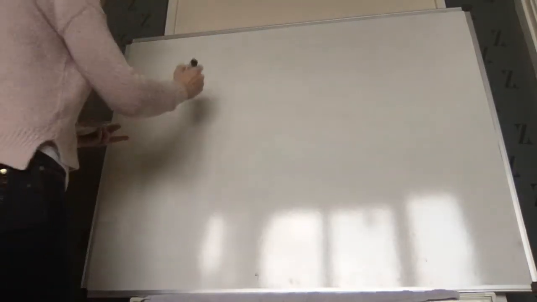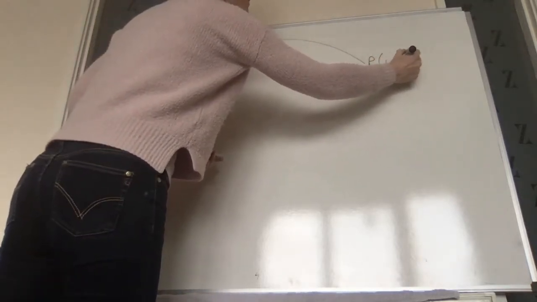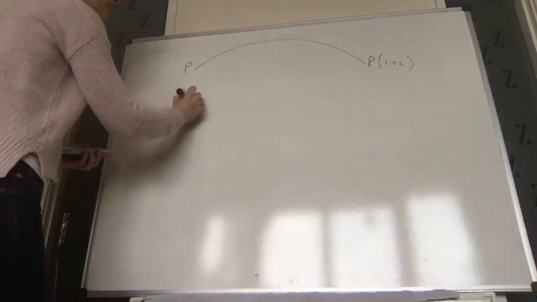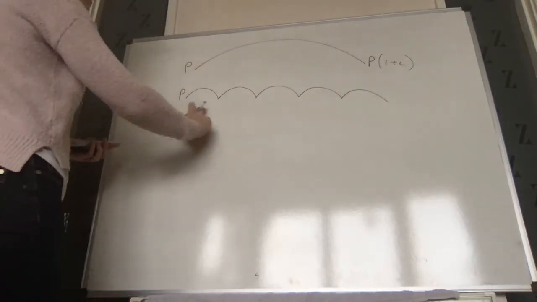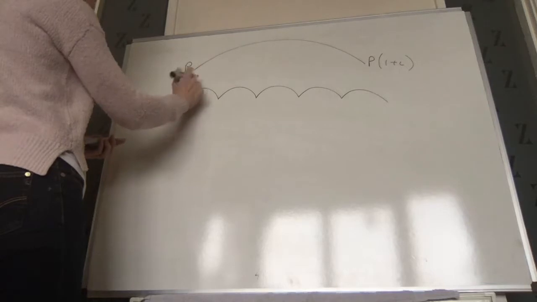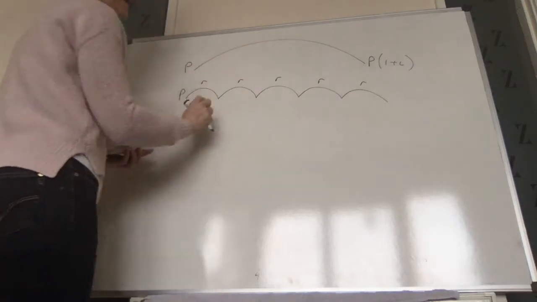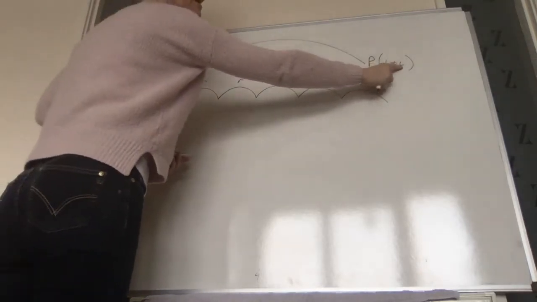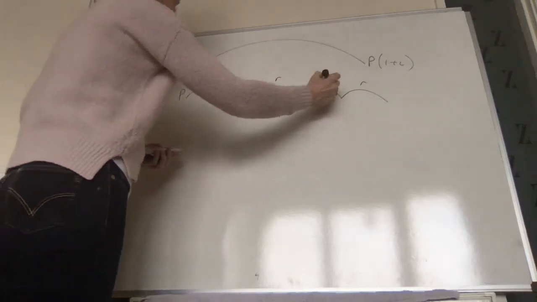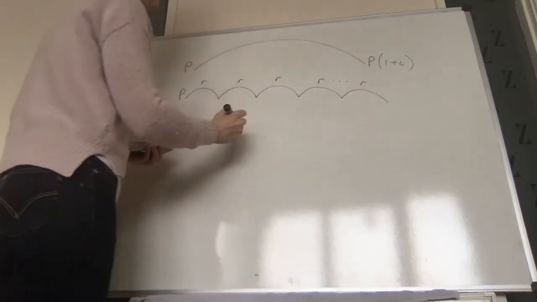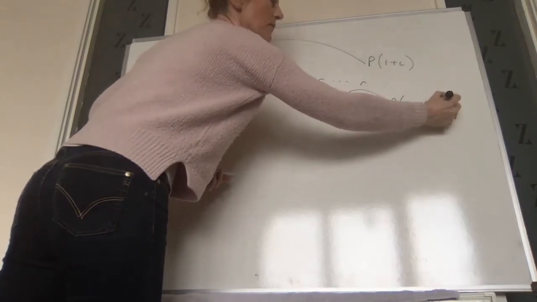And again, the very general form of that is if you have P and over a particular time frame you get out P times 1 plus I, if you want to work out, say, if you were putting the interest rate over a small time frame, if you were compounding it over smaller time frames instead, and you want to find the equivalent interest rate to give you the I at the end here, then in this situation, if we say there are n of these r's, so we won't say there's 5 of them, we'll say there's n of them, we know that what we get out here at the end is P times 1 plus r as a decimal to the power of n.